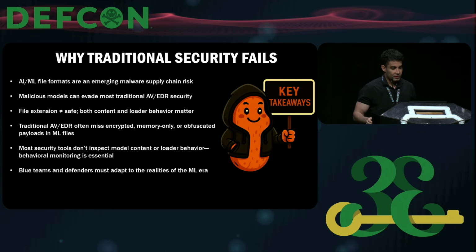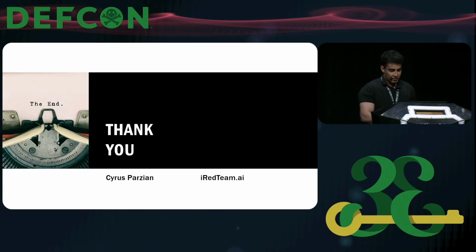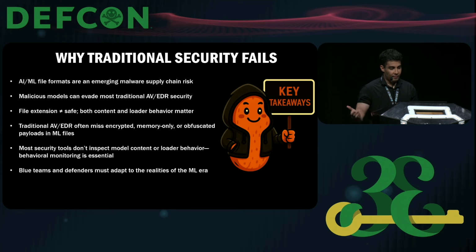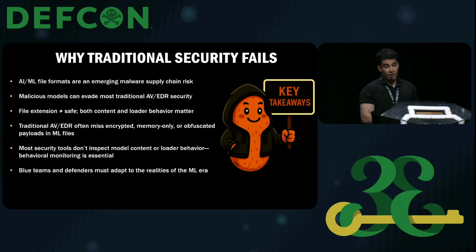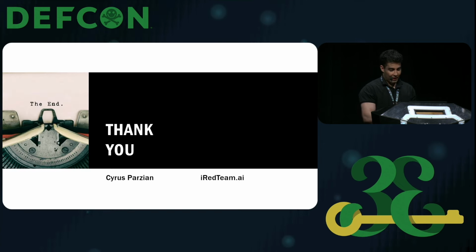And why does traditional security fail? Well, traditional security fails because the reality is a lot of AV and EDRs are not looking into supply chain risk attacks with AI and ML file formats. And it is not an easy job to go and patch the issues and security gaps with those.